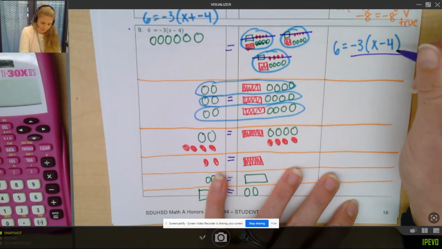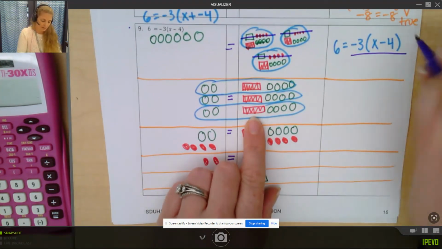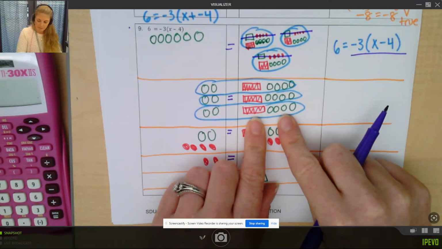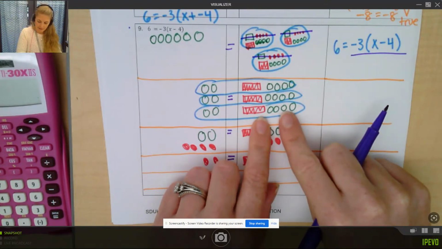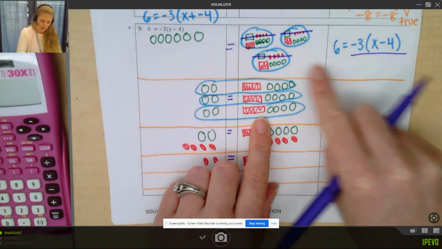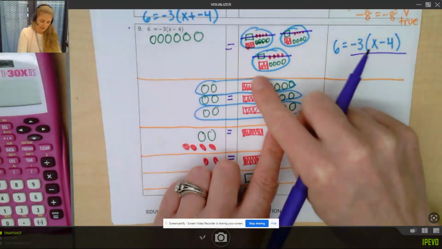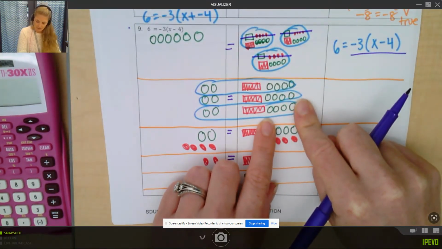So I'm going to divide both sides by 3 here. Another thing you could do is you can think about that this ends up distributing the -3 to get everything here.